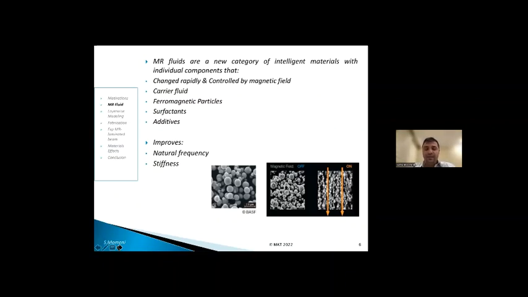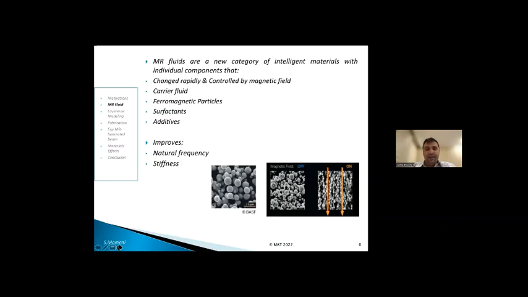As you can see in this figure, by applying magnetic fields, the molecules of the MR fluid change, and you can manage the natural frequencies or stiffness of the structures. And MR fluids have carrier fluids, ferromagnetic particles, surfactants, and additives.